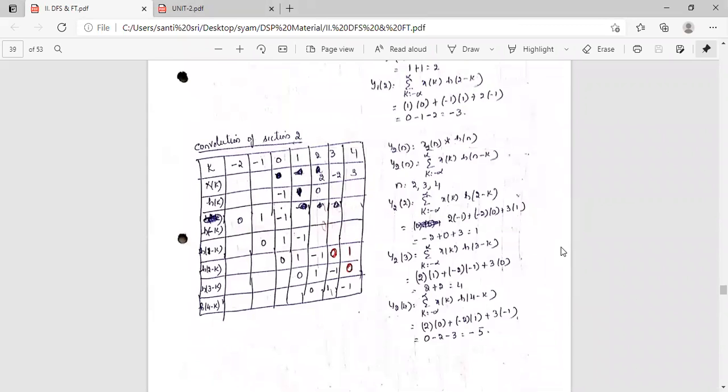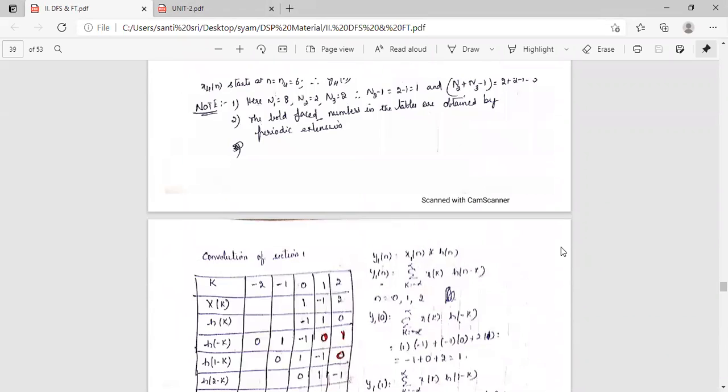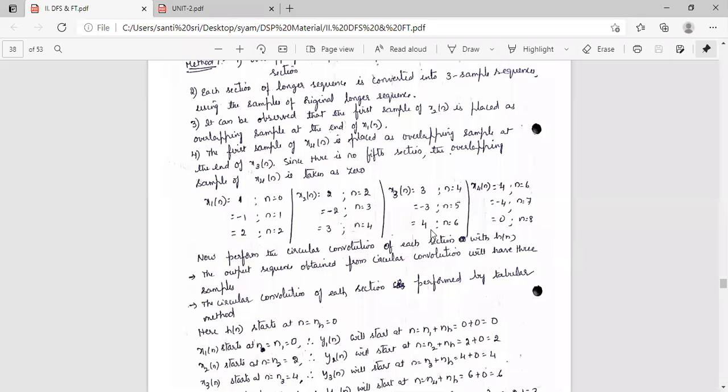The last sample will be the first sample of the next section. So here also the last sample will be the first sample of the next section, here also, and here 0 will be taken.